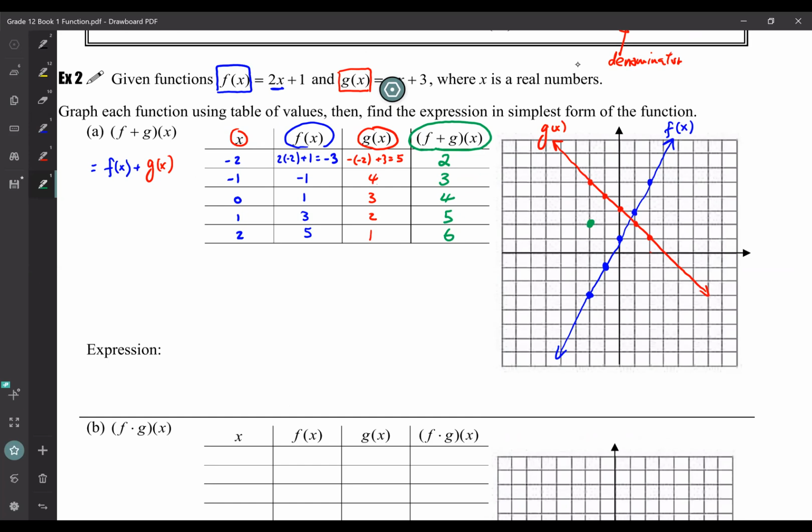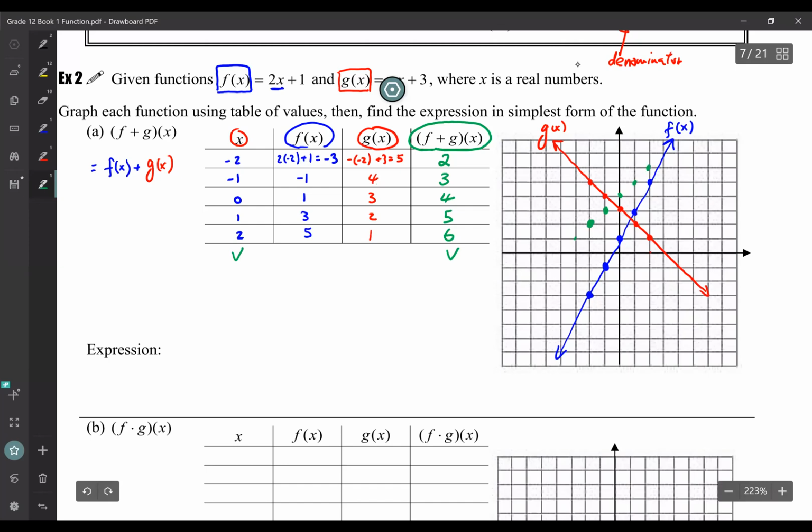Okay, everybody all right? Any questions so far? -1, 3 will be up here, right? And then 0, 4. So right now we're using these two columns, okay? And then 0, 4 will be up here. So that's another straight line. 1, 5, 2, 6.